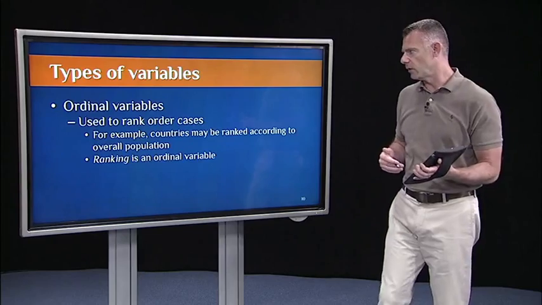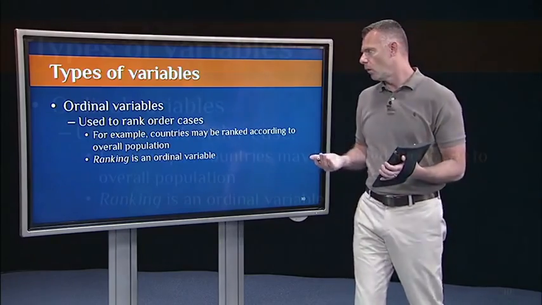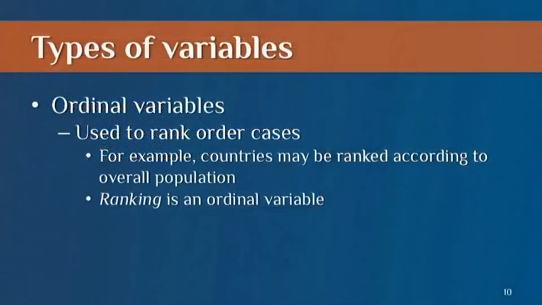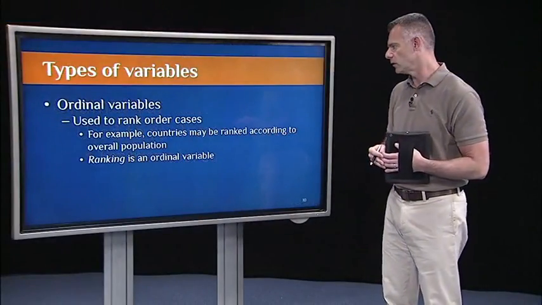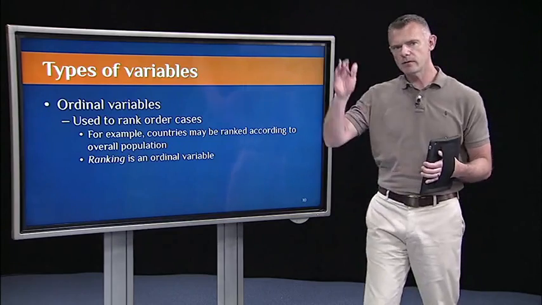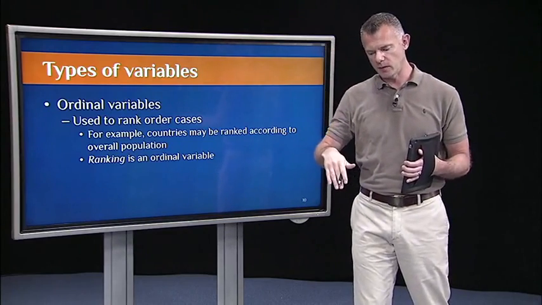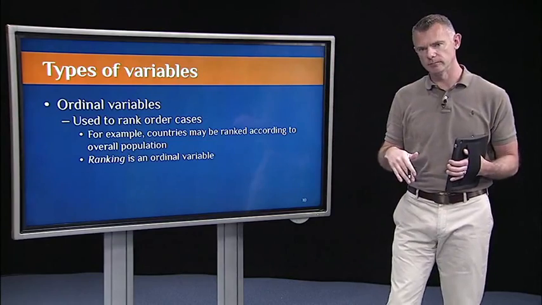The next type of variable is an ordinal variable. Ordinal variables are used to rank order cases in a data structure. So again, if we think about the countries where all of our students are coming from in this Statistics 1 course on Coursera, I might rank the countries according to population.